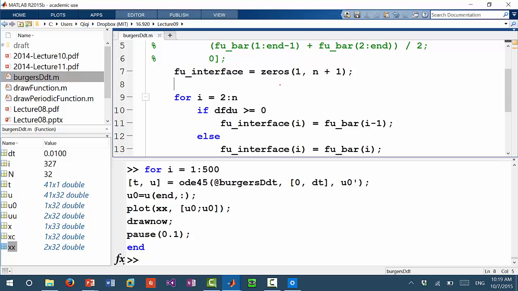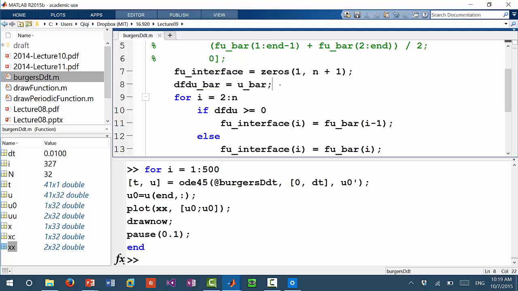For Burger's equation, it's actually pretty simple, because the delta f over delta u is actually the average of dfdu on both sides. That's special to Burger's equation. We can't do that for general equation, but let's do it. dfdu bar is equal to just u bar, right?